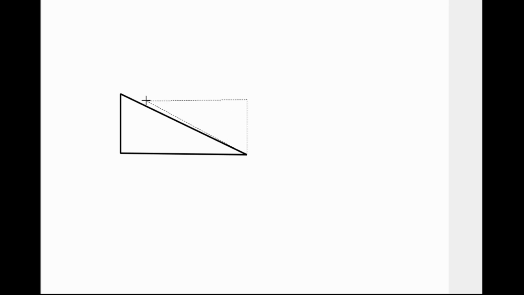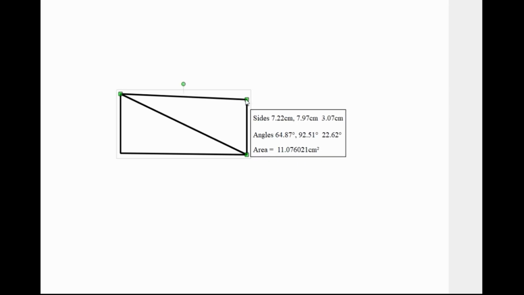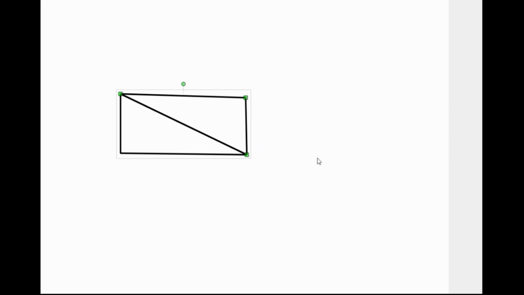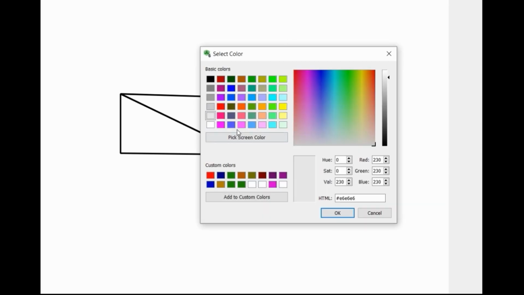And there is our rectangle. Work out the area of the rectangle, so it's this length times that length. But the area of the triangle here is half of the whole thing, so it is half of that length times that length there. Let's go for red, shall we?